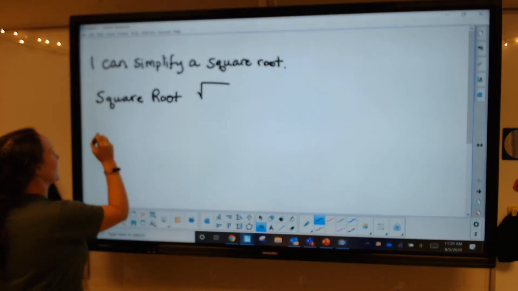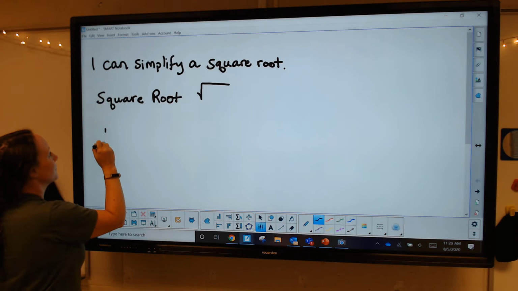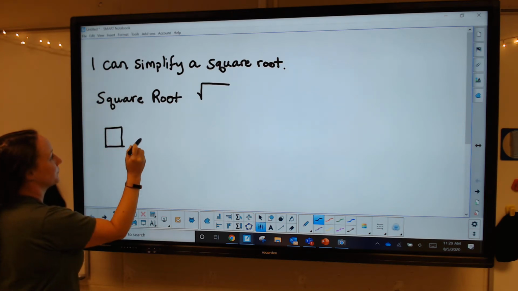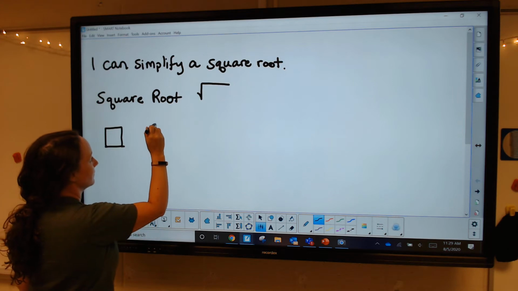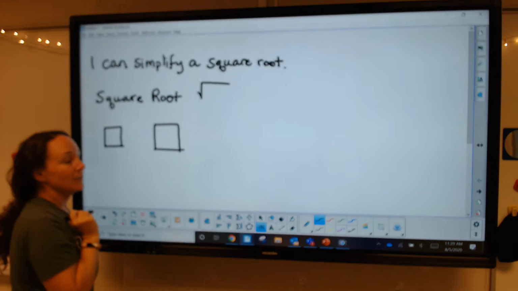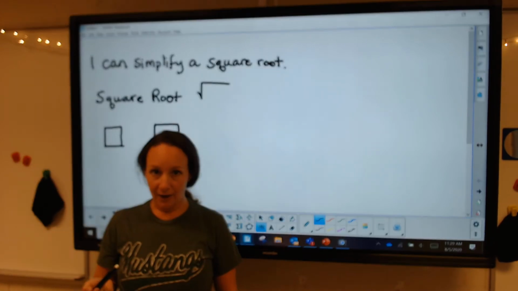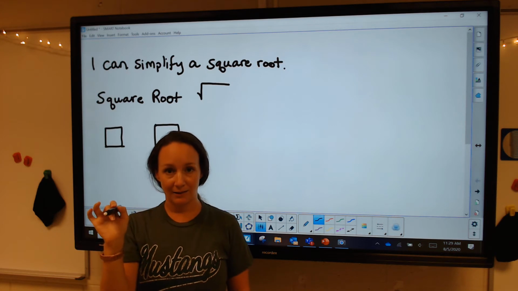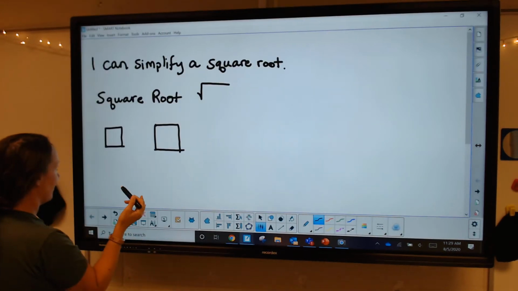So let's talk about squares for just a minute. We'll look at a couple of them. As you know, a square is a figure with all of the sides measuring the same.